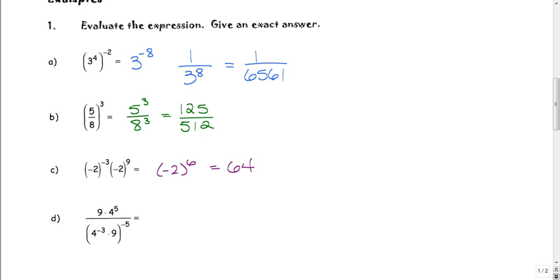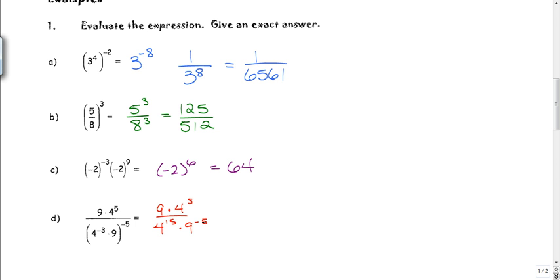So finally, the last one. The first thing you want to do here is you got to simplify the bottom a little bit. So when you are raising exponents to other exponents, and since there's no plus sign on the inside, this is 9 times 4 to the 5th power over, we have 4 to the 15th, and 9 to the negative 5th power.